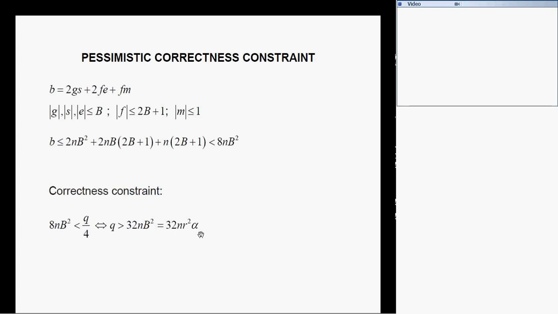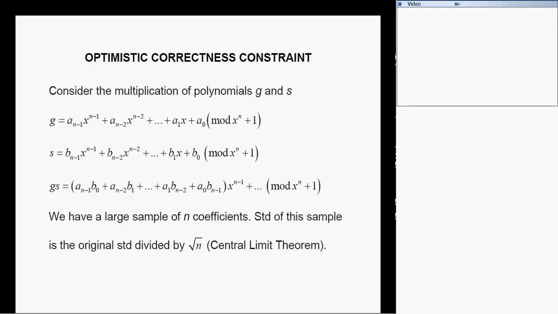In particular, this constraint can be called pessimistic or conservative, because it does not take into account the central limit theorem, given that we're dealing with relatively large samples when we perform polynomial multiplications. So in other words, there is a way for us to come up with a smaller bound for q, and we're going to do that next.